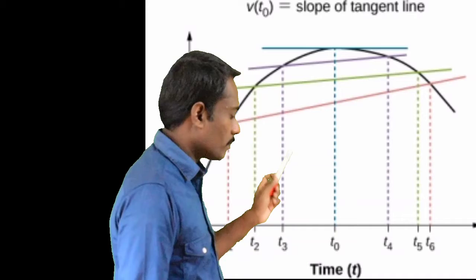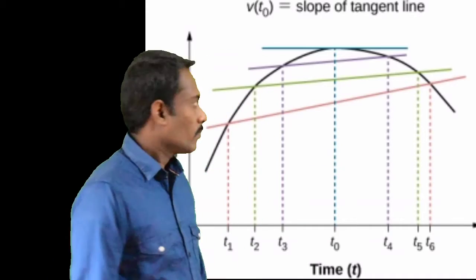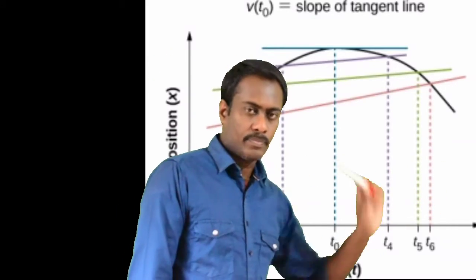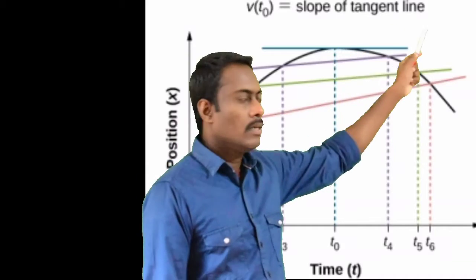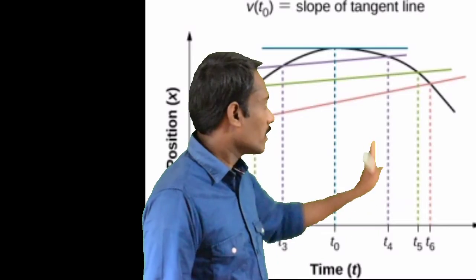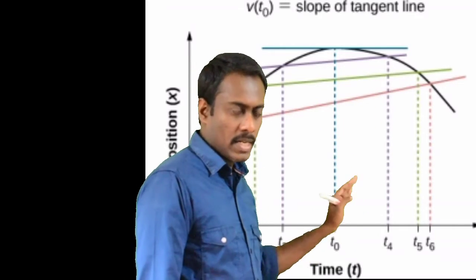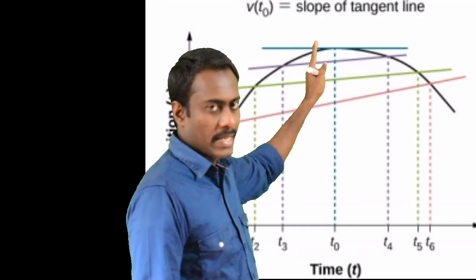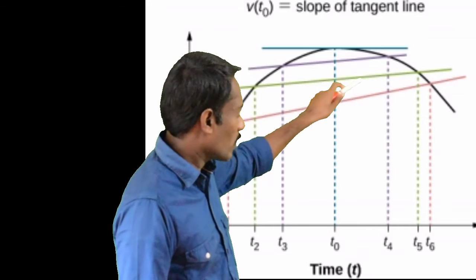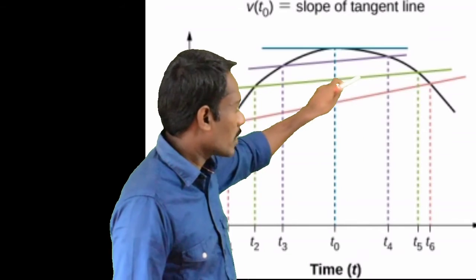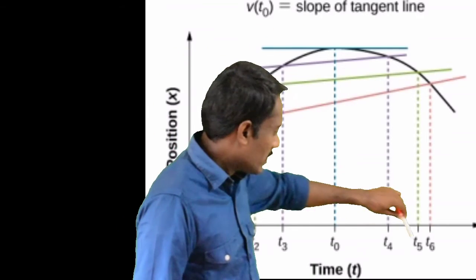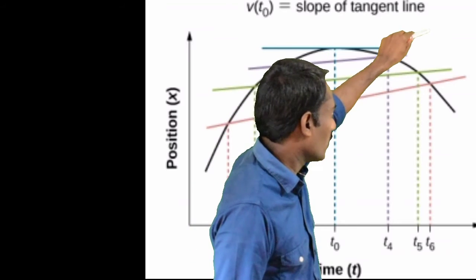If we consider two points, for example the positions of the object x1 and x2 and the time intervals t1 and t2, we get the change in position delta x and the change in time delta t. For the time t1 we have the position x1, so we make a point here, and for the time t2 we have the position x2, and we get another point here.